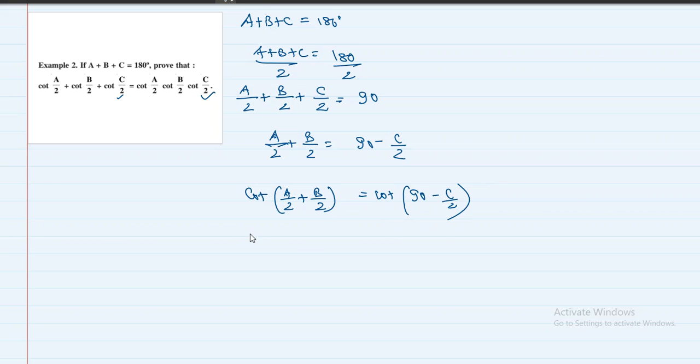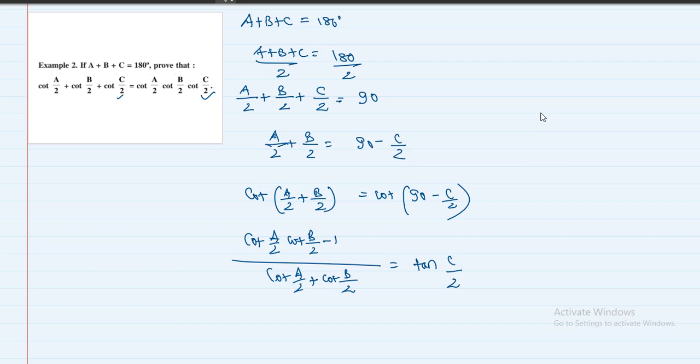And can we apply the identity here of cot(A plus B)? That is (cot A/2 cot B/2 minus 1) upon (cot A/2 plus cot B/2) is equal to cot of (90 minus C/2), which is tan of C/2.